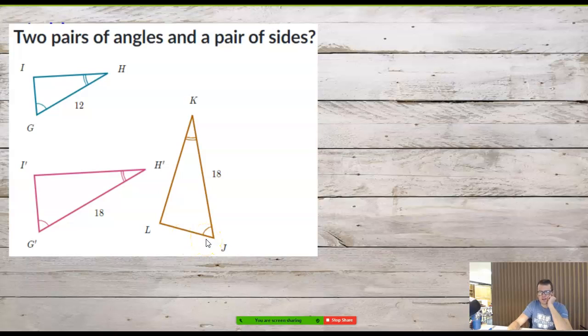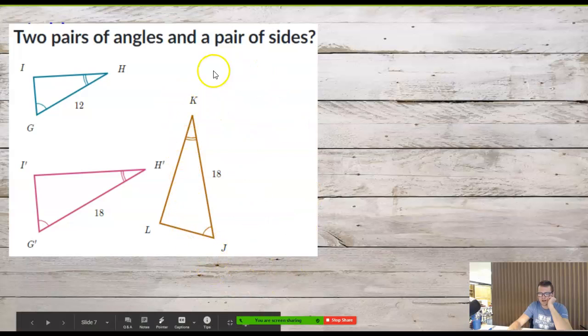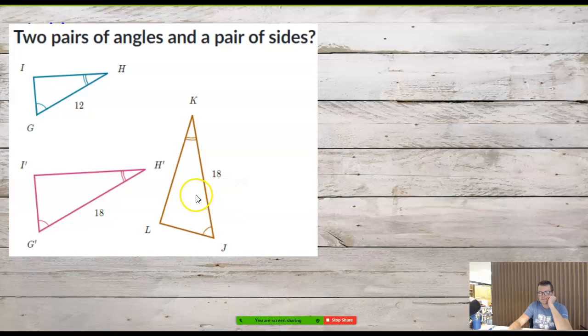So what theorem is this? Who's already done their work that can tell me what matters here if we know two angles and a pair of sides? We wrote it down on the last page. What matters? The order.